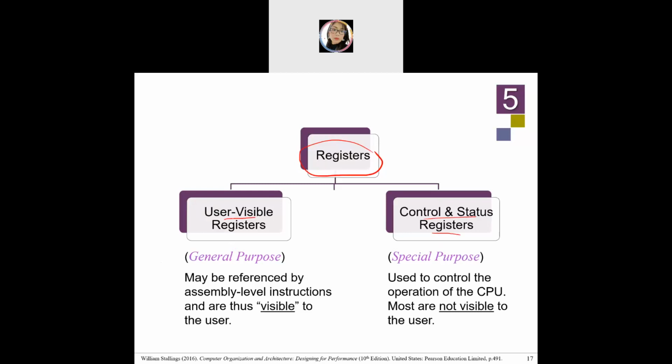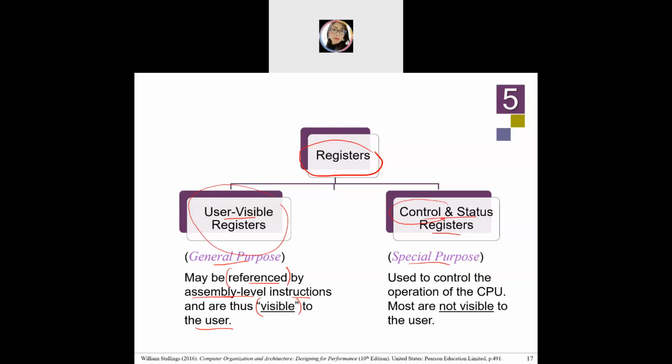User visible registers are for general purpose, may be referenced by assembly level instructions, those visible to the user. So it is like a reference for you to use at the assembly level. That's why you can see it as a user, as a programmer. While the control and status register is for special purpose only. What is the use?